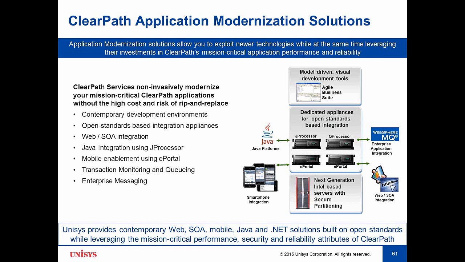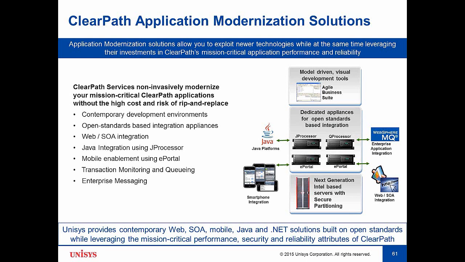So these tool sets, the contemporary development environments that we've talked about, the plugins for Eclipse, developing in Java and .NET, using Visual Studio as a development platform, open standards for the integration with things like the appliances that we have around the J processor, Q processor, the web and SOA integration, things like web services, and we heard that AIS is coming more in the future to work on the integration across platforms.